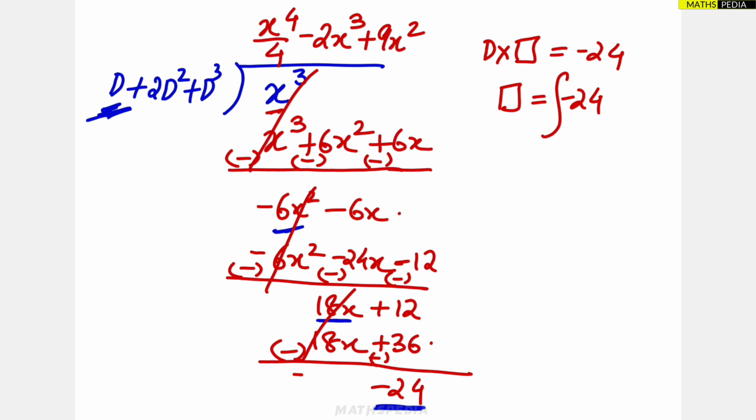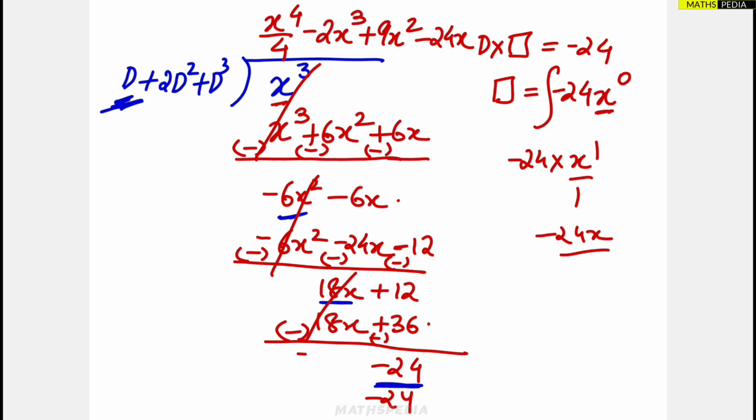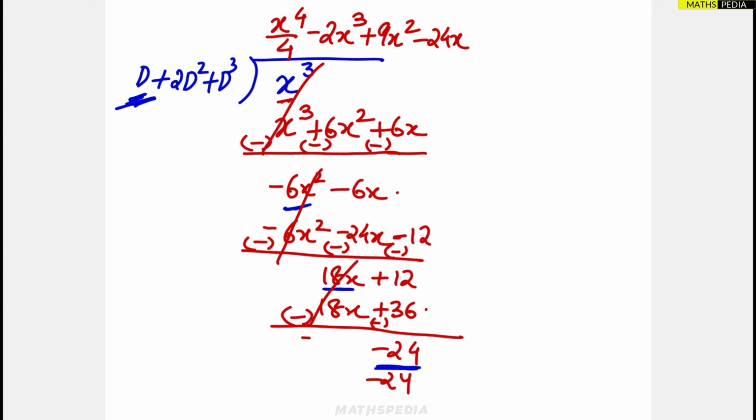You can consider here x power 0 also, for understanding purposes I am telling. So x power 0 meaning is basically 1 only. So the integration of x power 0 with minus 24 outside: x power 0 integration is x by 1, so it will be minus 24x. So if you take minus 24x here, you'll be getting minus 24. This is the meaning of that.